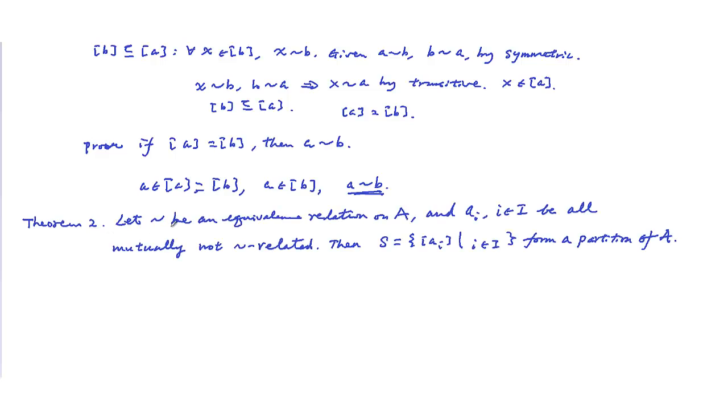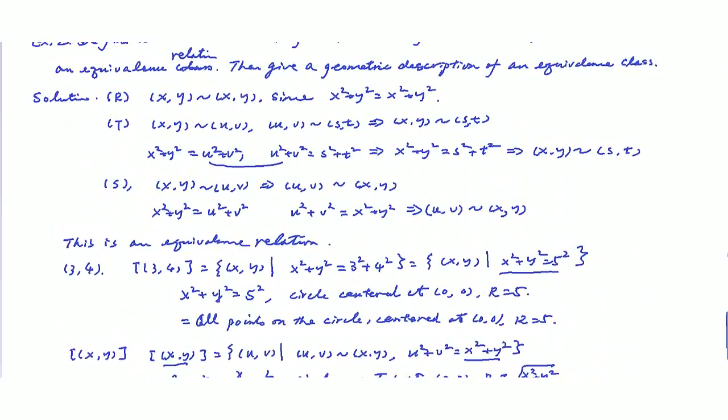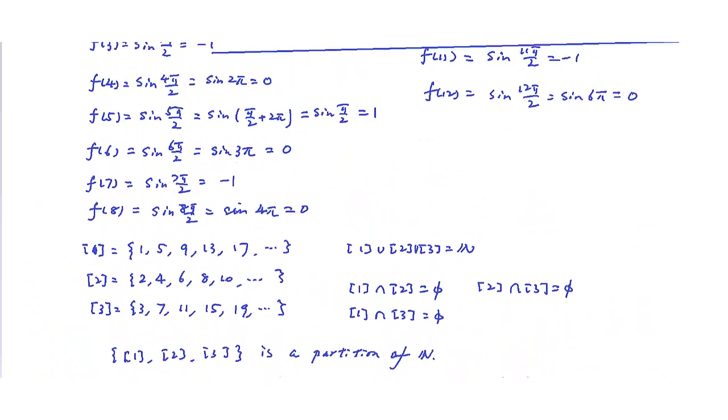Now let's look at the next one. Let R be an equivalence relation on A, and let the A sub i be elements that are mutually not related. Then the set of all equivalence classes of the A sub i forms a partition of A. And that is the example we just illustrated.